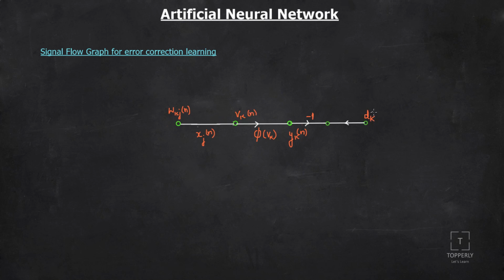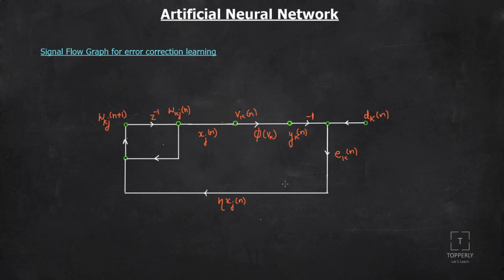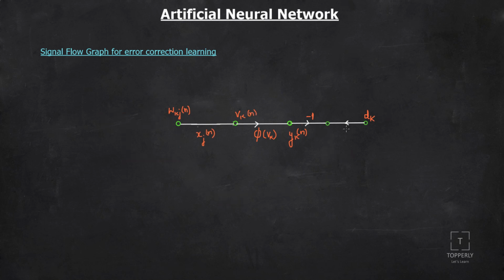Now I will take another source node with dk of n as input and produce its output to this node. So what will be the output over here? The output over here will be ek of n, right? From this part we will get minus yk of n, and from this part we will get plus dk of n, which is nothing but ek of n, right?